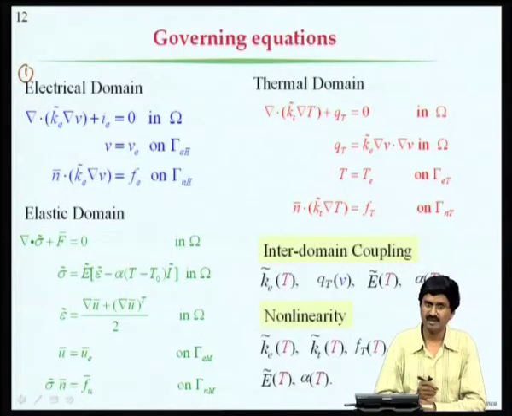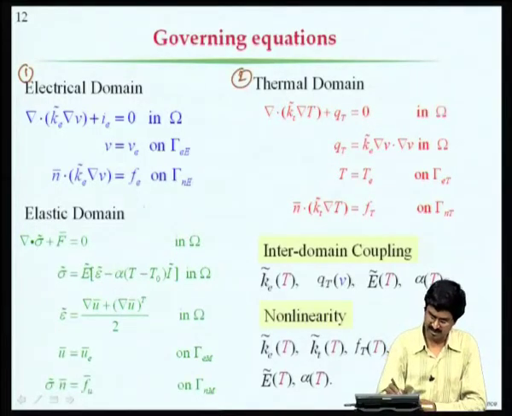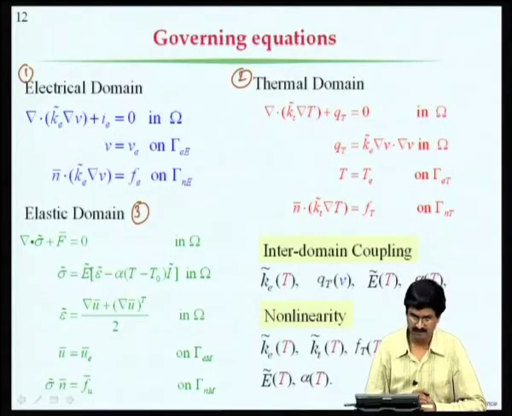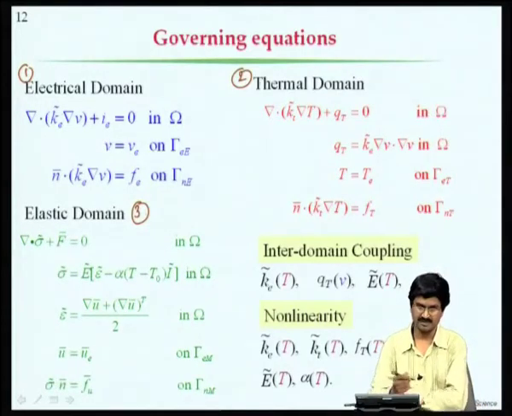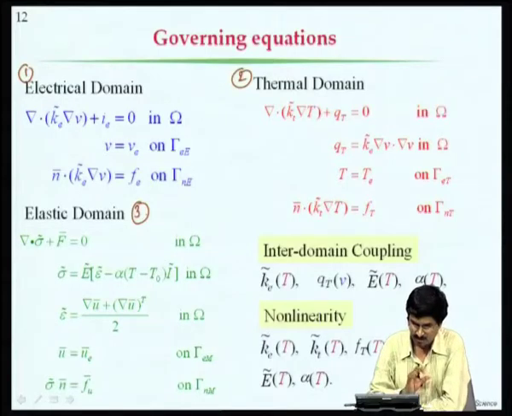This is the first one, electrical domain, and the second one thermal domain, and elastic domain, the third domain. So, first, second and third here. Now, if you look at these governing equations, which at first sight may be intimidating, they are all very straightforward.